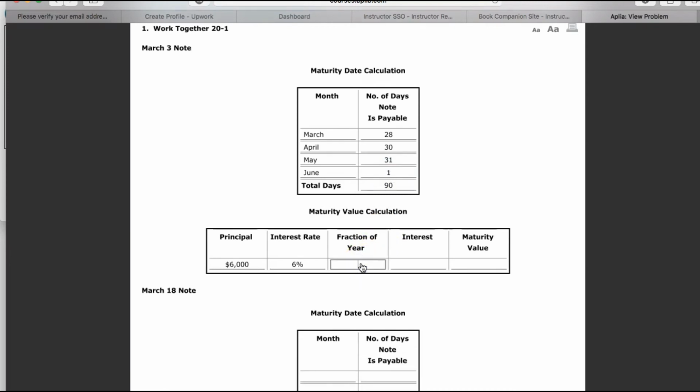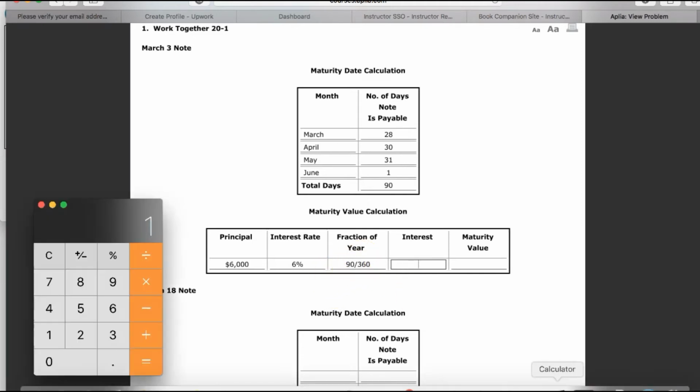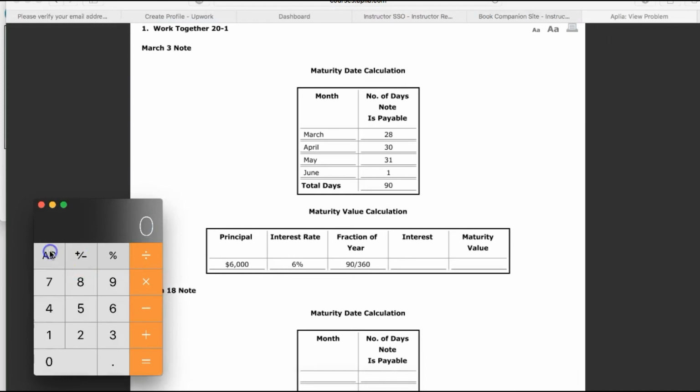Okay, so remember the fraction of the year, we're only doing it for 90 days, so we're going to do 90 divided by 360. And since I don't have a fancy calculator with the parentheses and everything, I'm going to do this first. So 90 divided by 360 gives us 0.25, and I'm going to multiply that times the principal, and then multiply it times 6%.